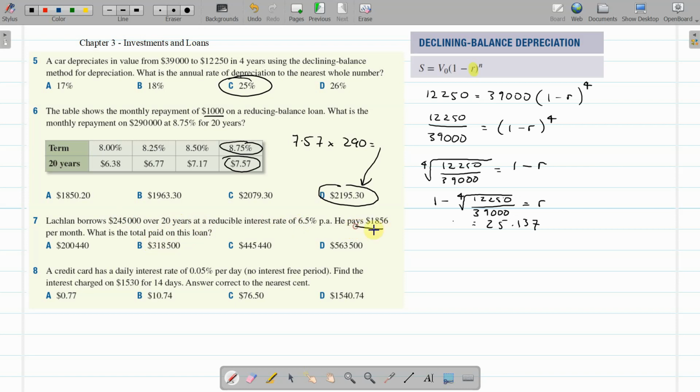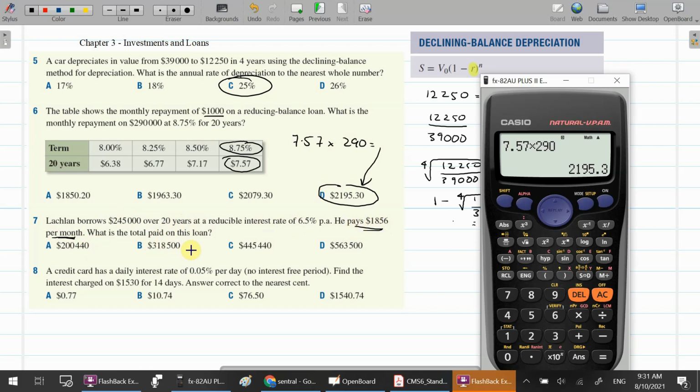He pays this much per month. That's what you need to pay attention to, because that's what he's paying for the loan, that much per month for 20 years. So we take our 1856 times 12 for 12 months times 20 for 20 years.